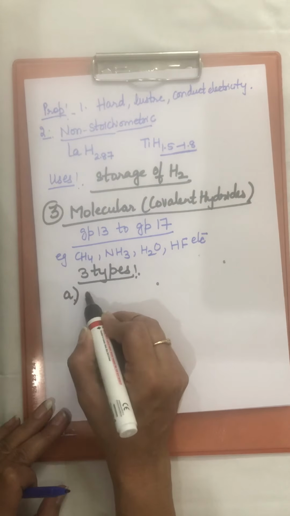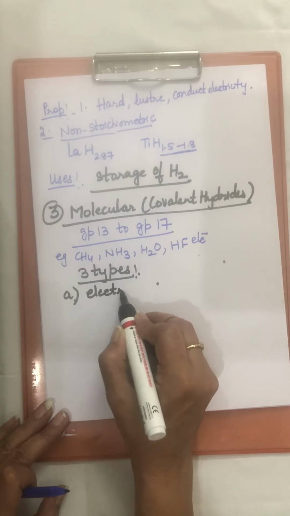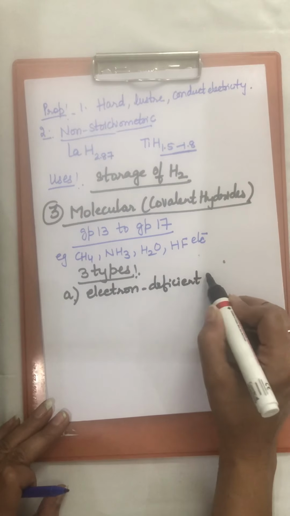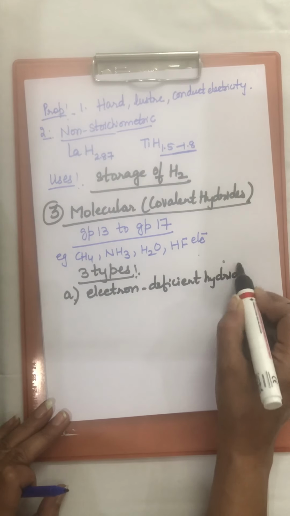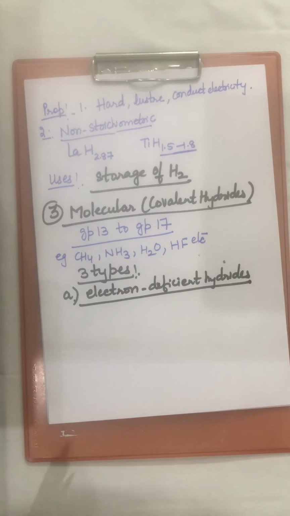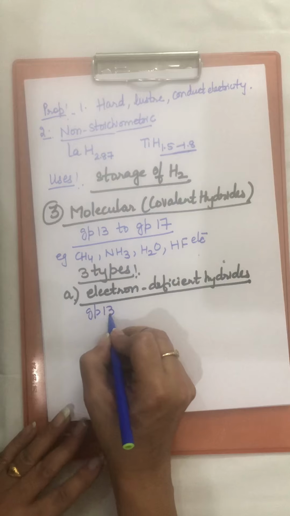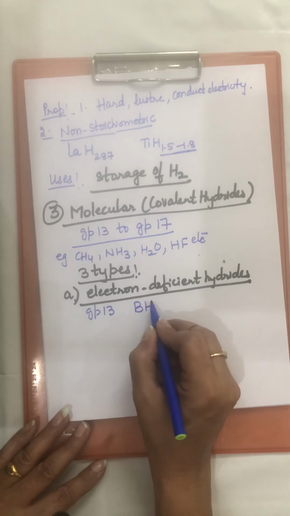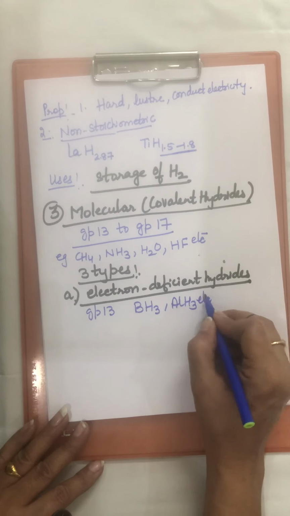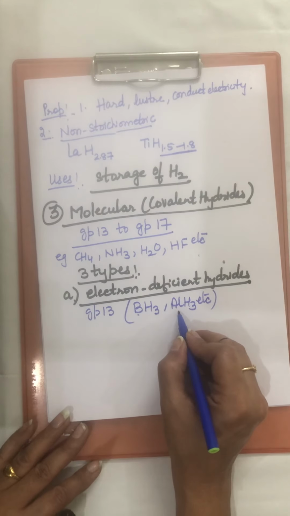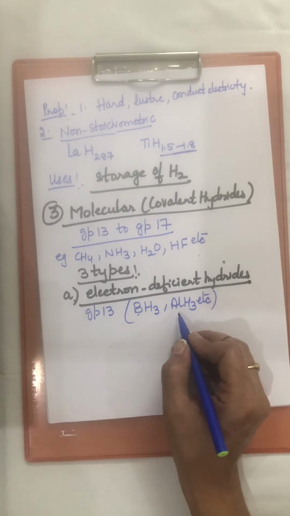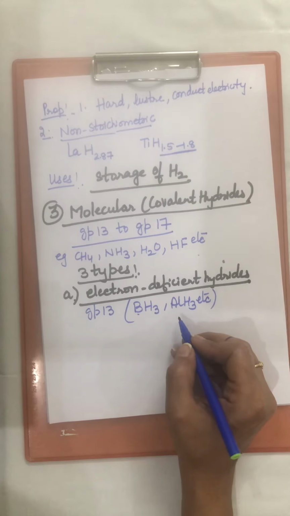The first one is electron deficient hydrides. Example is group 13 elements, like boron hydride, aluminium hydride. Boron and aluminium are group 13 elements. They do not have a sufficient number of electrons to form covalent bonds.